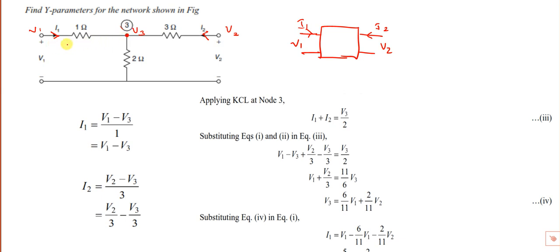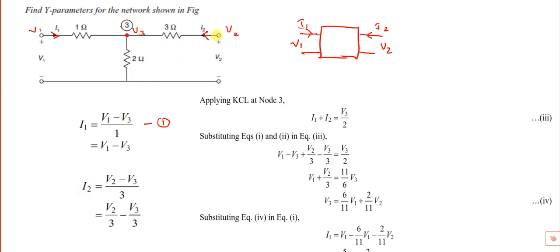Now current is potential difference divided by resistance. I1 can be written as potential difference V1 minus V3, V1 minus V3 by 1 ohm. Let me call this equation number 1.